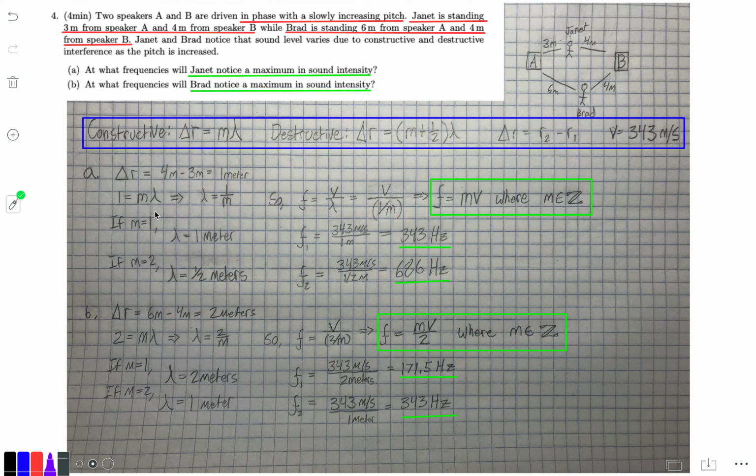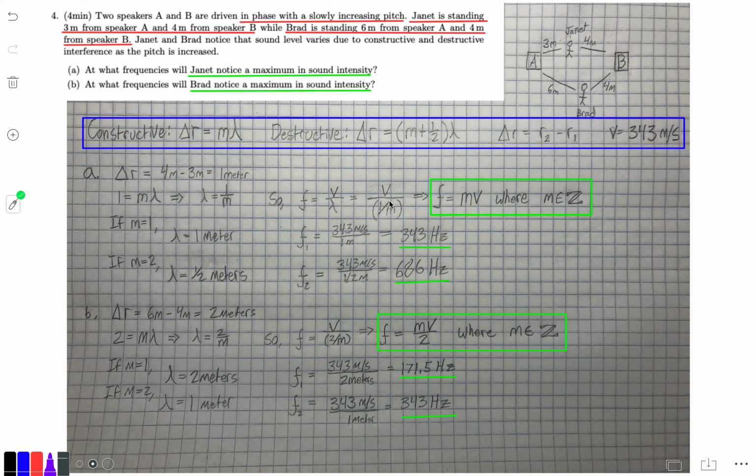But here, continuing this set of algebra, we can find our frequency given this equation, which we used a lot in week 6, where frequency is equal to velocity over lambda.